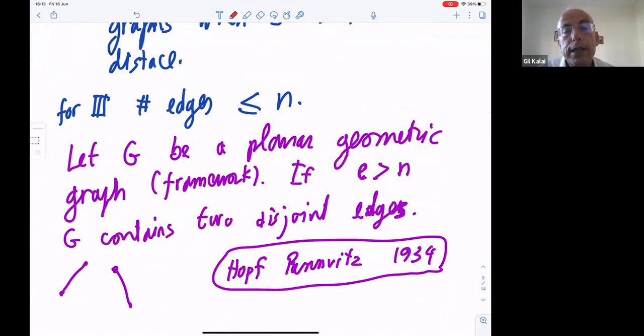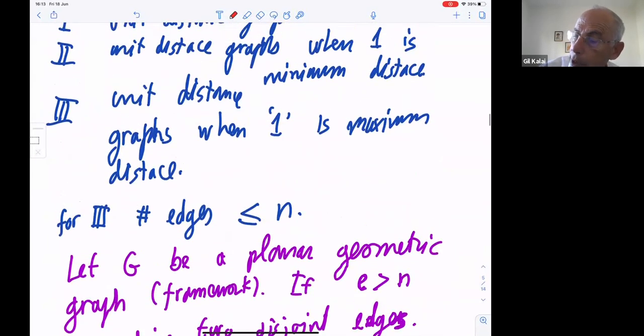If the number of edges is larger than the number n, okay, so I'm sorry, this is not the way to say it. This is a slightly more general theorem. If we have a planar geometric graph, and if we have more edges than vertices, then the graph contains two disjoint edges. Now, when we have a unit distance graph, and one is the maximum distance, we cannot have two disjoint edges, because we will have one diagonal where the distance must be larger than one.